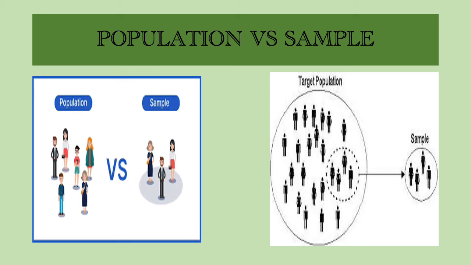So if you see in this picture, population versus sample. Population means the people that belong to certain groups. Sample means who gets taken as participants. Okay? Same thing for the second picture there. The target population, for example, PTM students. Okay? So that's the target population.